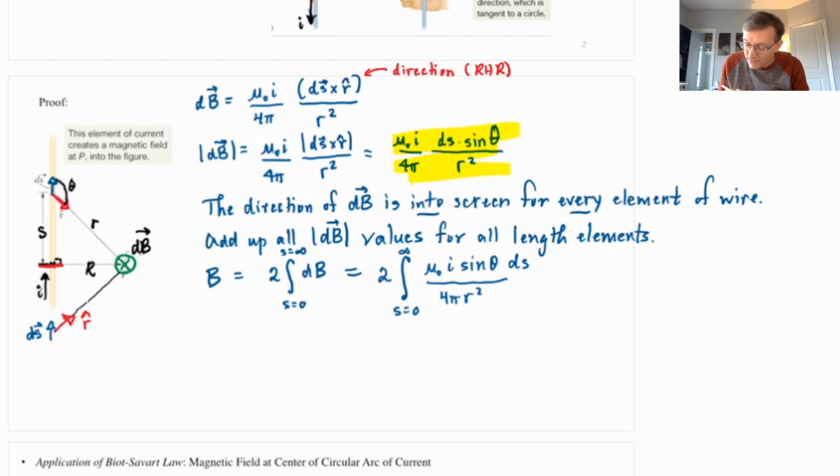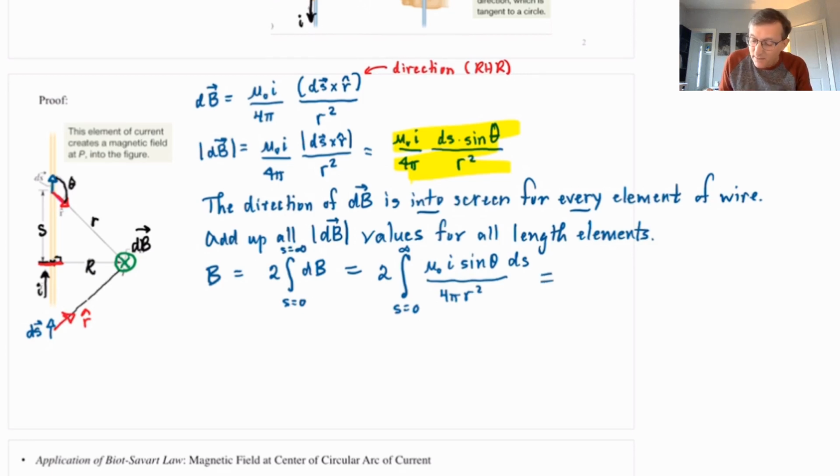All right, now let's do a little bit of simplifying. Let's bring the constants out front. Things that are the same for every little element: mu 0, I, 4, pi. That's it. Because as I move along the wire with little ds's, then the r is changing and the theta is changing.